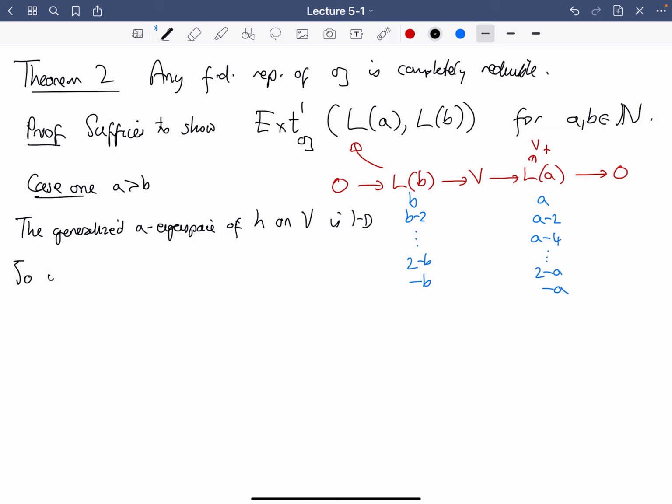So in other words, you can find a v in V of weight A mapping to V plus in L of A under this quotient. Why don't we name this quotient map pi?